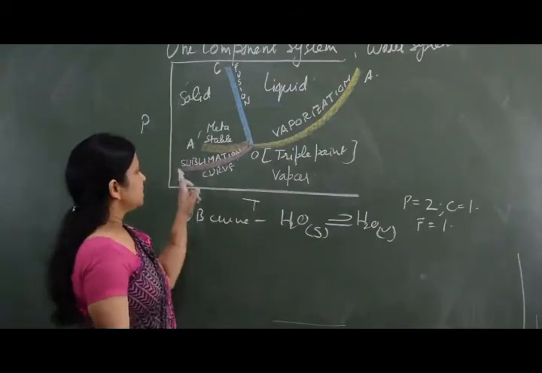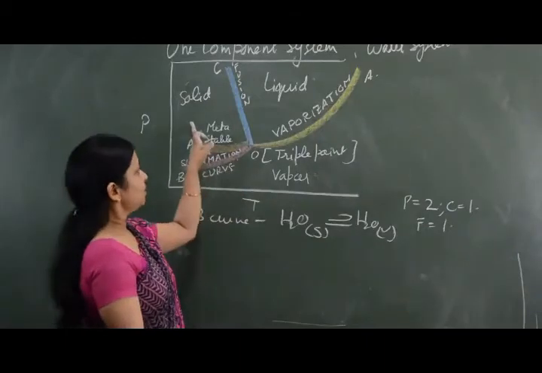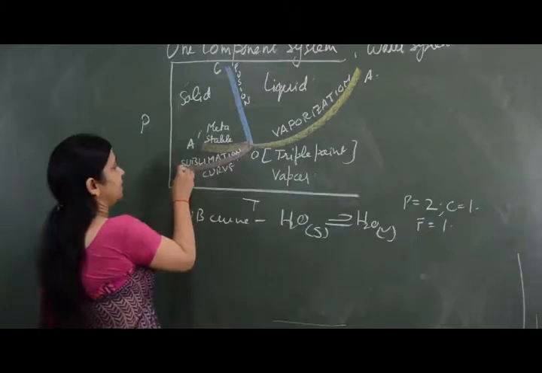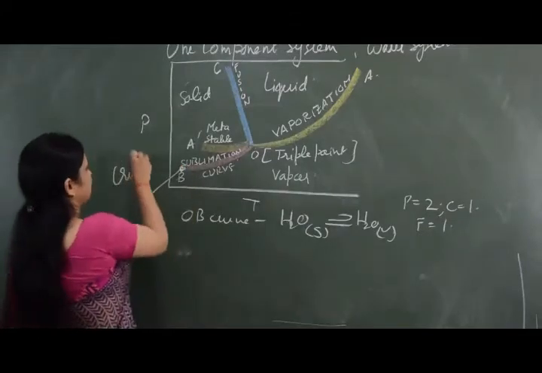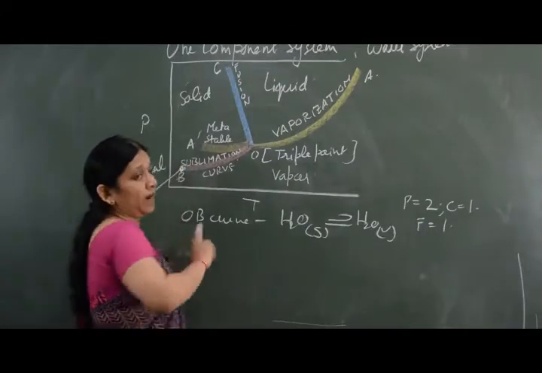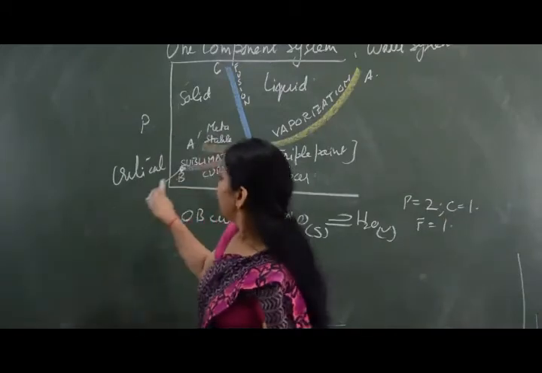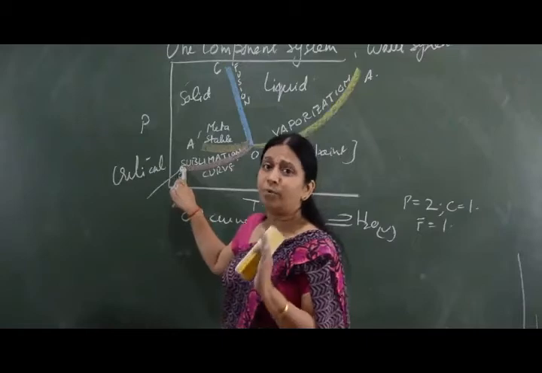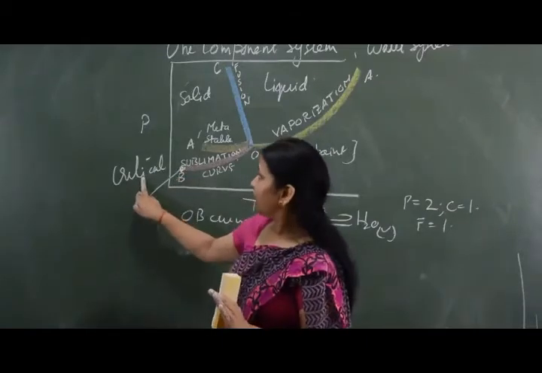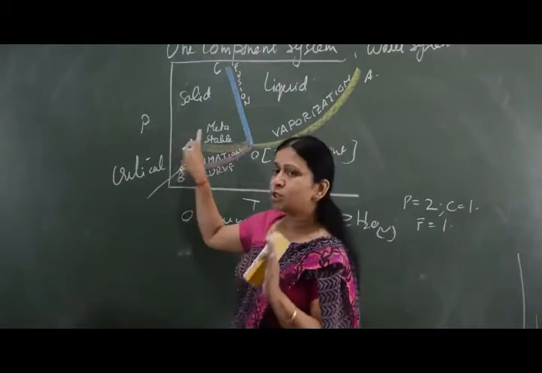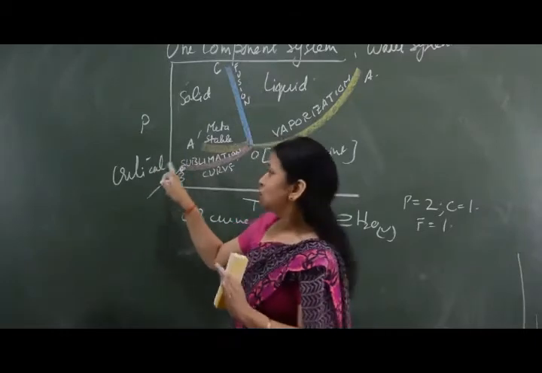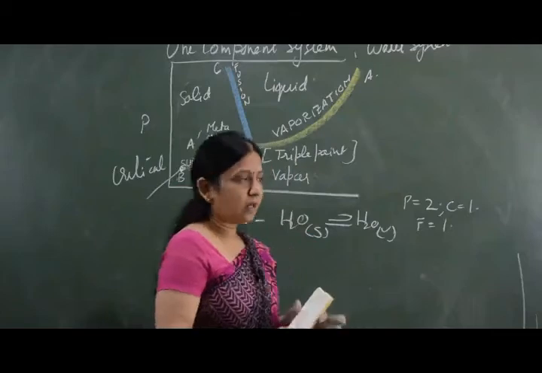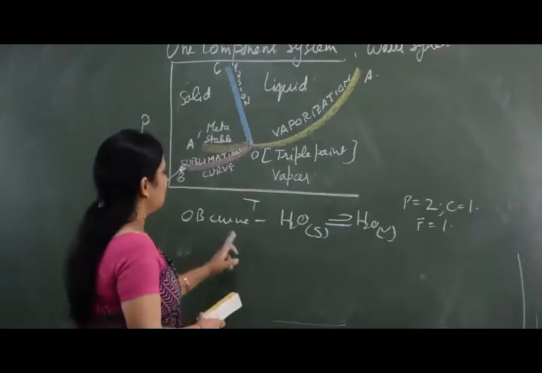The OB curve is a sublimation curve. Equilibrium is between solid and vapor state. Now this point B is a critical point. Why is it known as a critical point? Because at this point we cannot distinguish the solid and vapor phase, and beyond this point water is going to exist only in solid phase. So it is the highest point at which vapor can exist. So it is a critical point. So this is the curve OB.